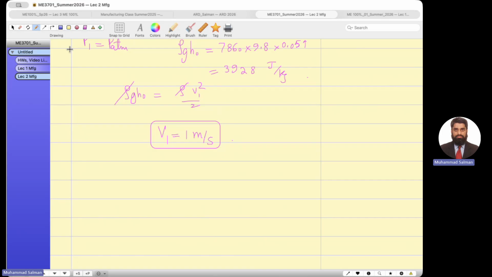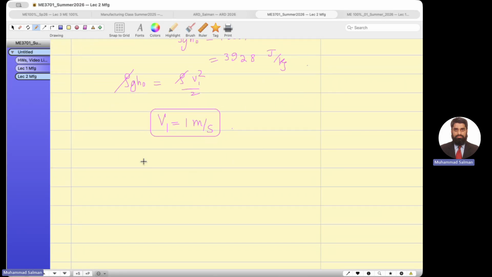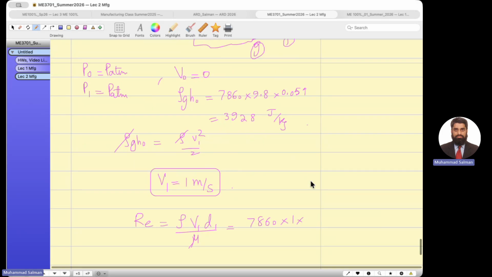So let me write down now. Look, can you find out the Reynolds number at this velocity? Rho v1. So 7860 times 1 times the diameter.